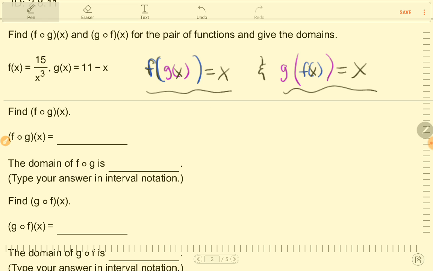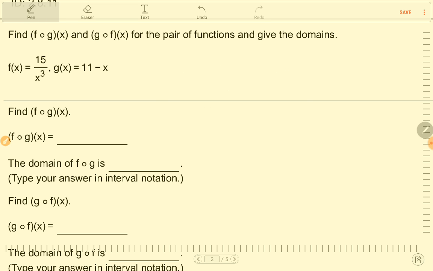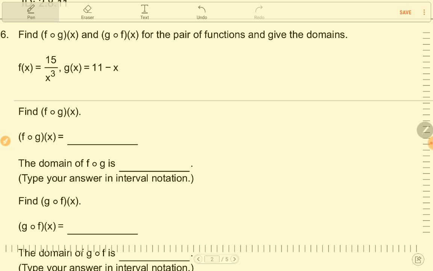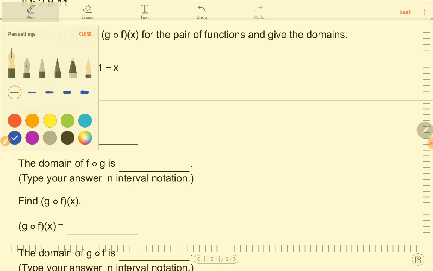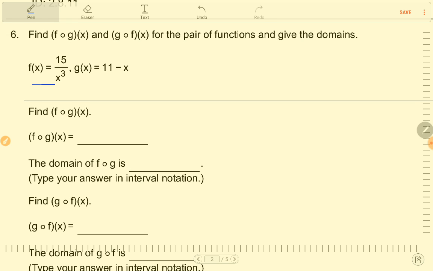And so in this section, we're going to really just focus on how to find the composite functions in each direction, and also how to identify their domains. So let's start with f of g of x. I will keep using blue when I'm representing f of x and purple when I'm representing g of x.